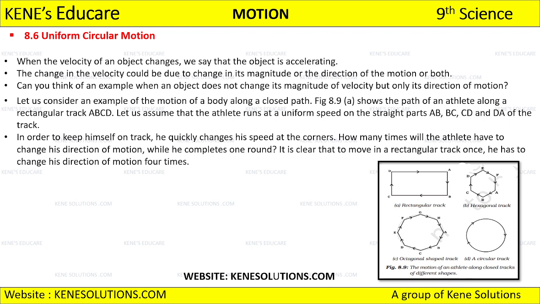Now, in order to keep himself on the track, he quickly changes his direction at the corners. So how many times will the athlete have to change his direction of motion while he completes one round? What do you think?